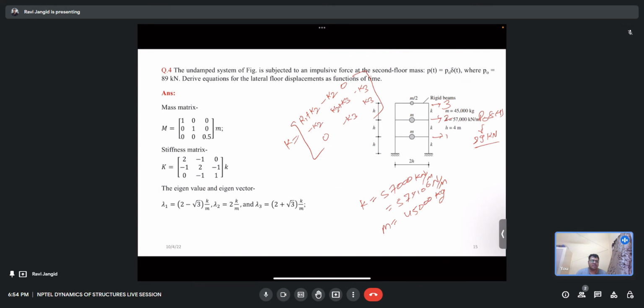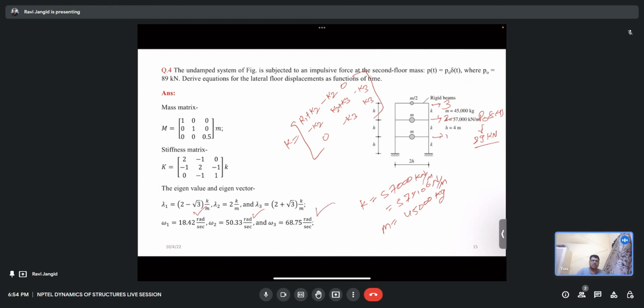Now put in the values of k and m and determine omega 1, omega 2 and omega 3. Omega 1 comes out to be 18.42, omega 2 is 50.33, and omega 3 is 68.75 radian per second.